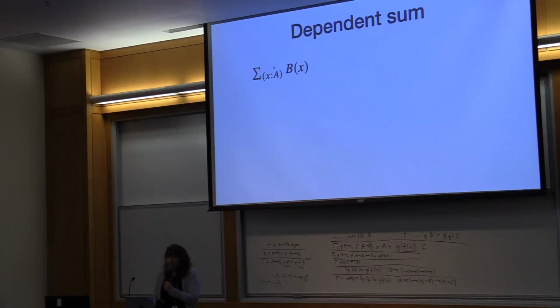It's a dependent pair, so it's a pair of two things where the type of the second component depends on what is in the first component. Before we had a function where the codomain depends on the argument. Now we have a pair where the second component depends on what you put into the first component.